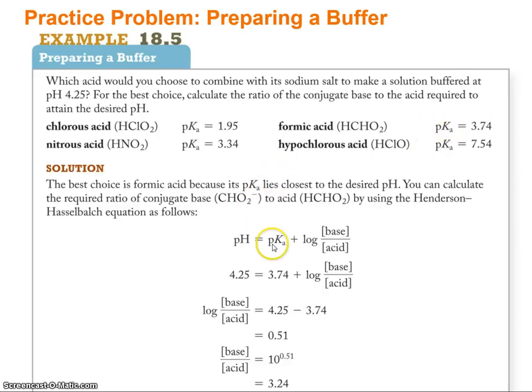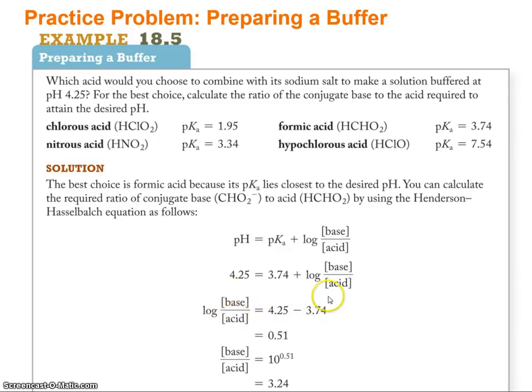So my pH equals pKa plus the log of A over HA. I start off with 4.25 is my given target pH. That is equal to 3.74, that's my pKa, right? Plus the log of base to acid. Now this up here is more basic than the pKa, so I know I'm going to get a number bigger than 1 here, the ratio of the base to the acid.